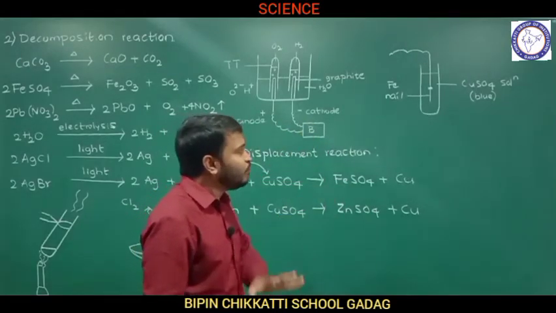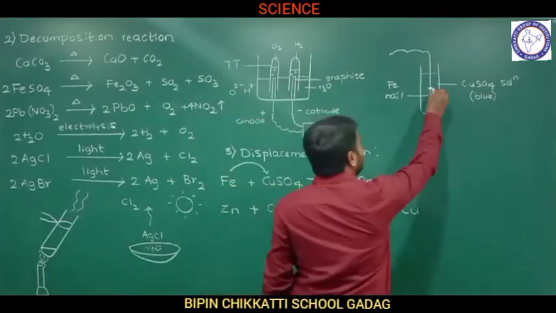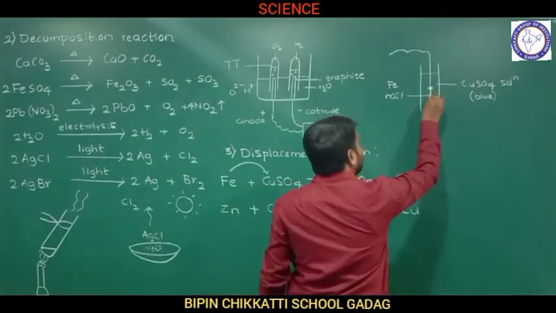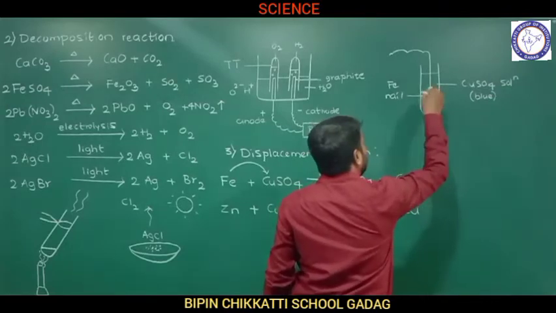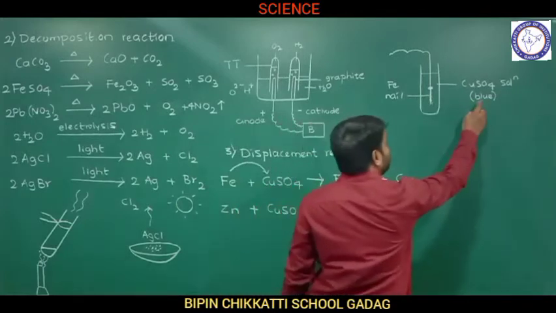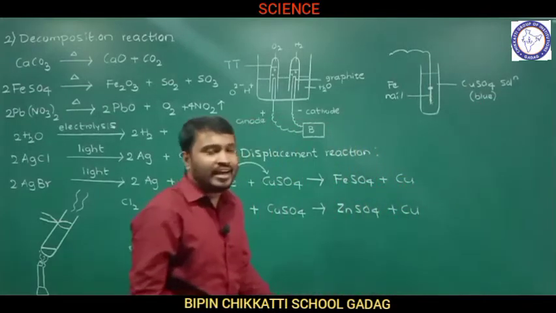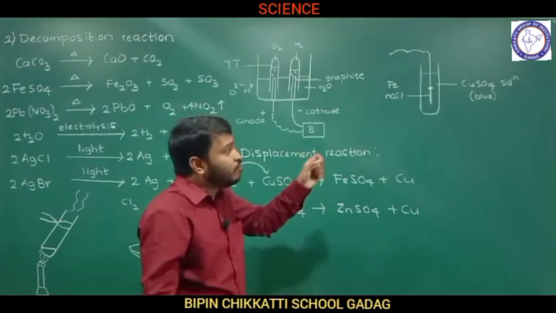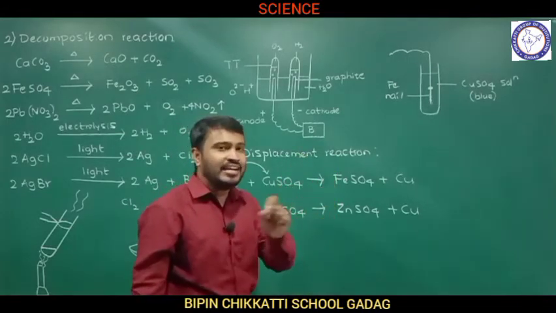And in due course of time, what happens here? Over the iron, we are going to get some kind of brown color. The color of CuSO4 solution is blue, and that starts fading, meaning the dark blue is going to be converted into light blue.